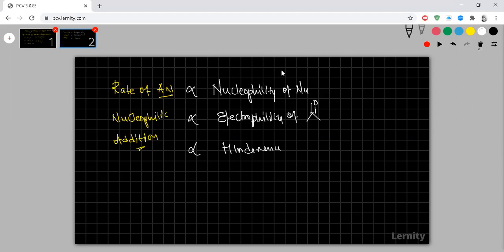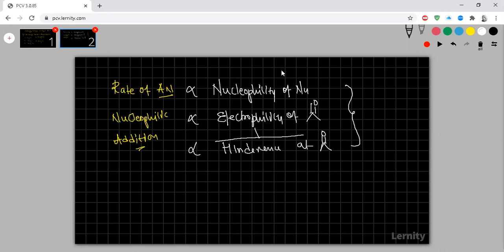So this is hindrance at C=O. Is this directly proportional or inversely proportional? This is inversely proportional. When the hindrance increases, the rate of nucleophilic addition decreases. So the rate of addition of nucleophiles depends upon these three factors.